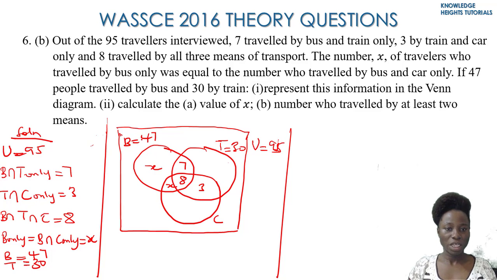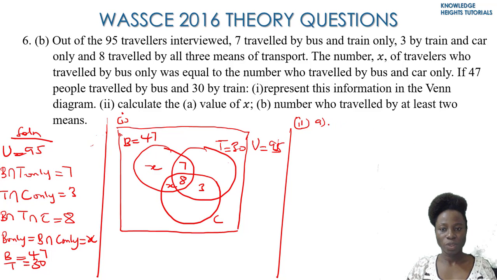So we are done with the I part of question B. We quickly move on to the II part, which also has 2 parts, part A and B. We have to find the value of X. So from here, we have all these figures here. They sum up to 47.